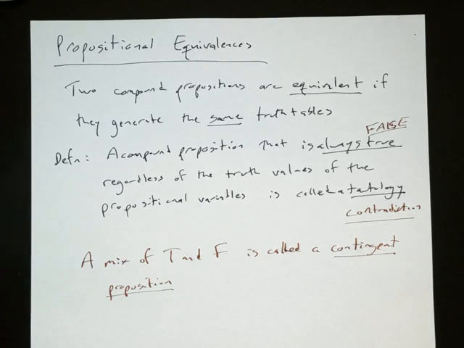So if I give you a statement, you should be able to tell me what's going to be always true, always false, or something in the middle by building me a truth table. Yes?